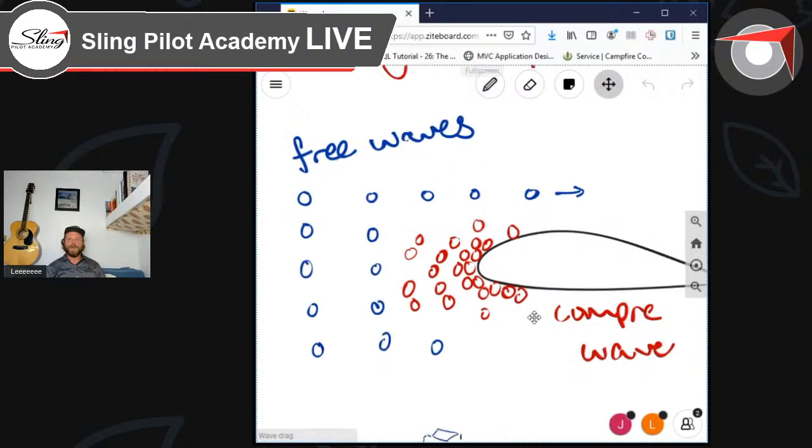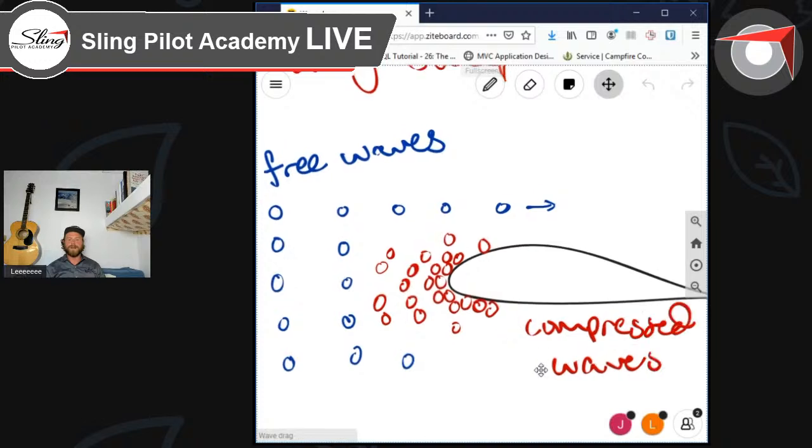Then as they come across, they hit something, and that's the compressed wave. As the wave hits the object, it bunches up, compresses itself, and then it actually communicates backwards.